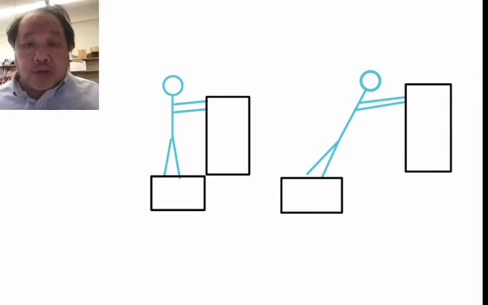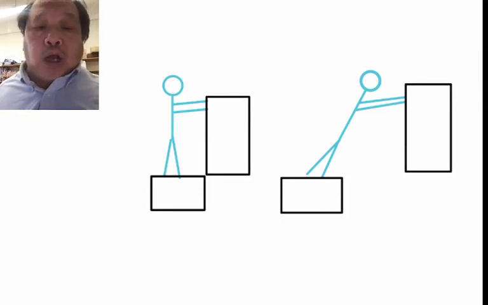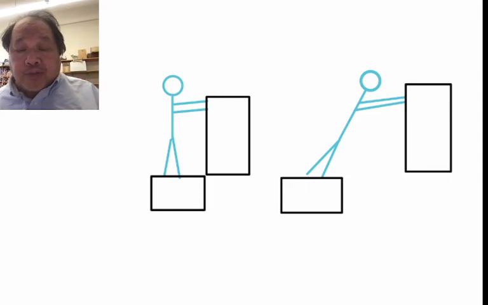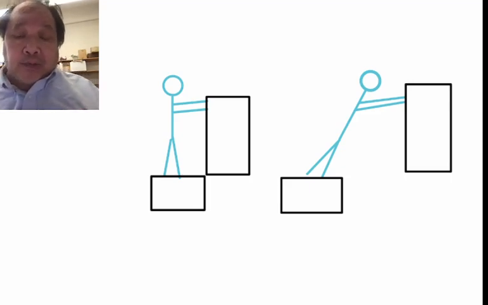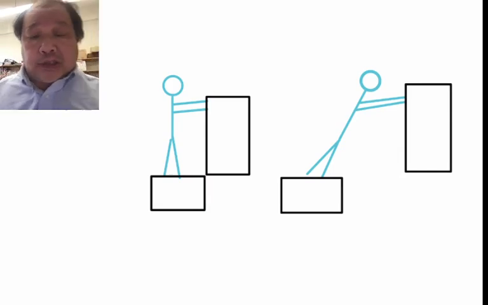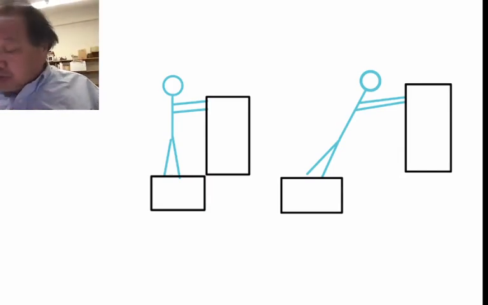Okay, so when we're describing this situation, what's happening here that we want to take into account is that part of the person's mass is staying with the horizontal block, and part of the person's mass is staying with the block which is moving to the right.